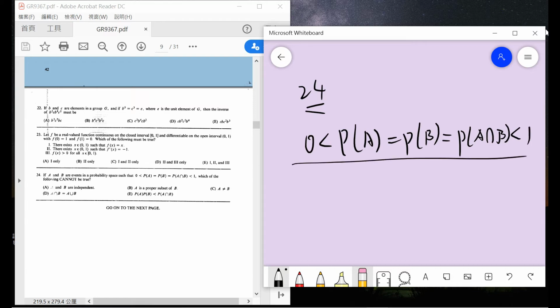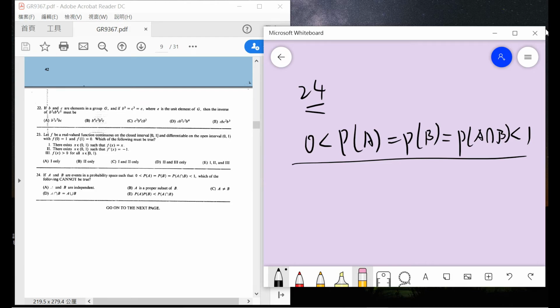So probability is usually difficult. I guess the difficulty of probability theory is close to real analysis. But if you are an undergrad, then fine, you don't need to worry. You just use your simple ideas to solve.